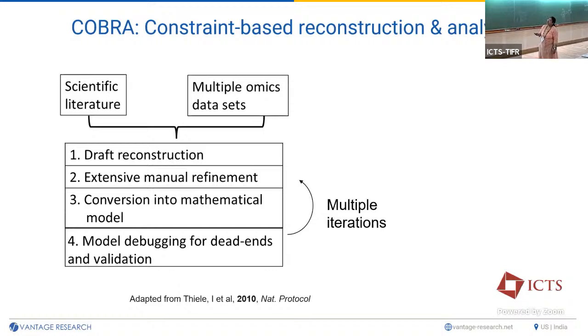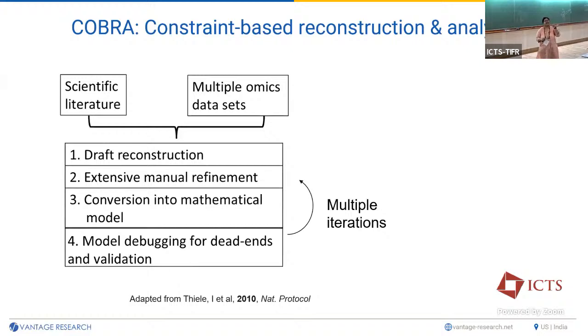Whatever you are using, the first thing that you have is a draft network, which I call a draft reconstruction. You curate it, you fill in your missing information, and then you convert it into a mathematical model so that you can easily compute it, because networks are flat. You can get a lot of topological information.